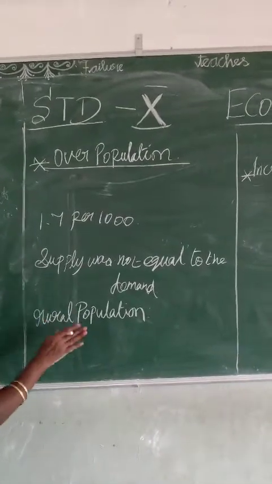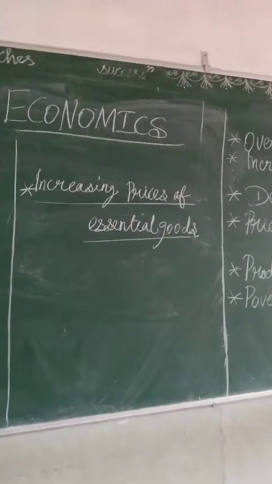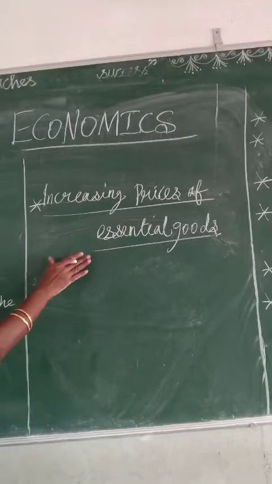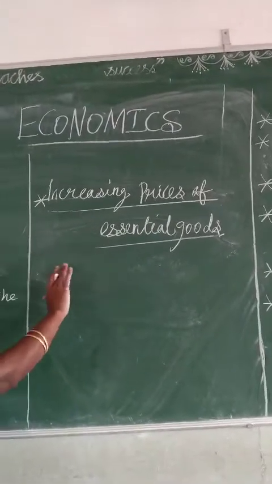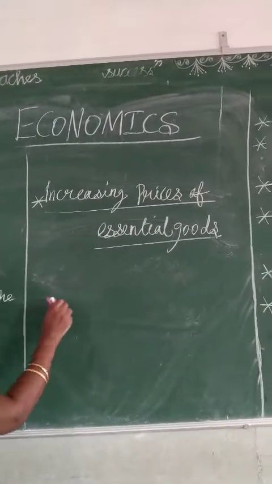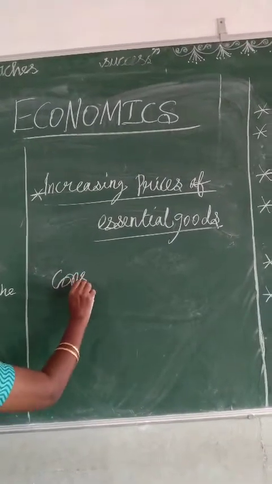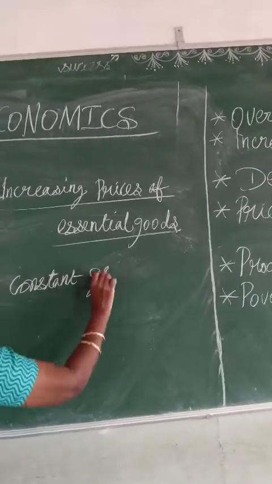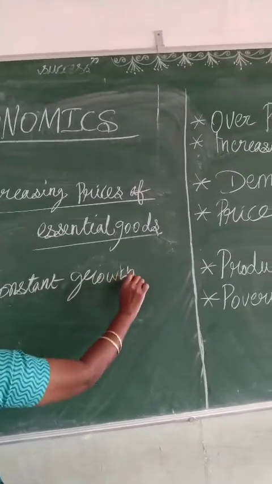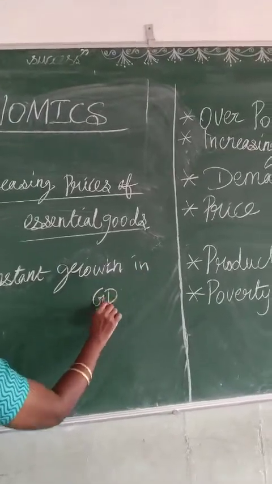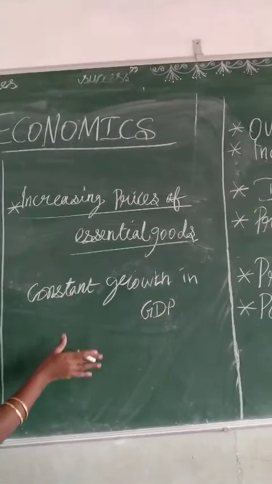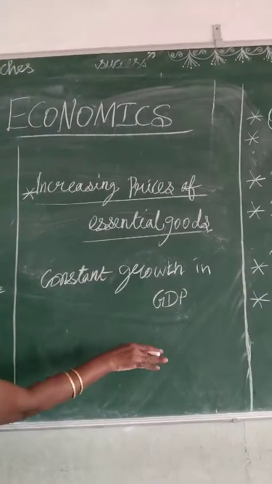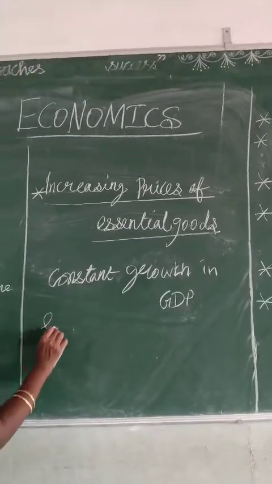Next one, increasing prices of essential goods. Even though there has been a constant growth in GDP, already we studied GDP and growth opportunities in the Indian economy, there has been a steady increase in the prices of essential goods.